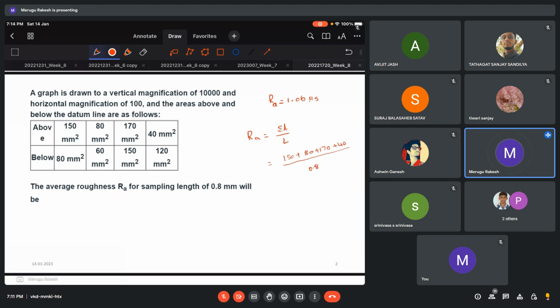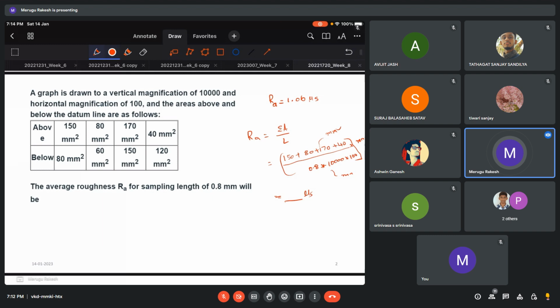And along with this, we are given the vertical as well as horizontal magnifications. We just have to keep those in the denominator. Everything is in mm. This is in mm square, this will be in mm, so you will get the answer in mm. If you multiply by 1000, you will get it in microns.